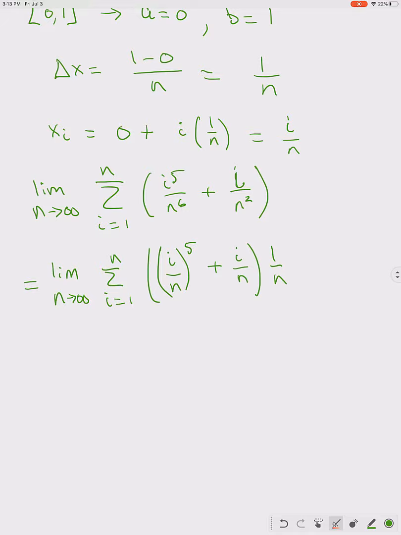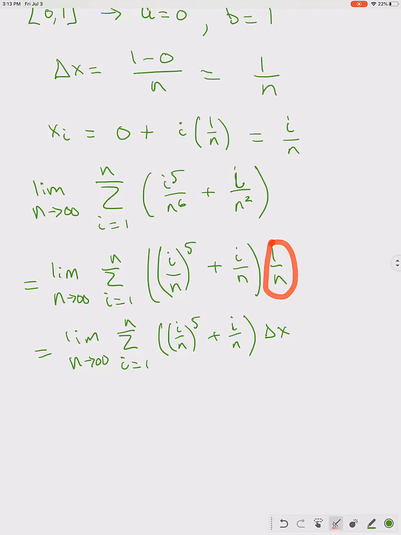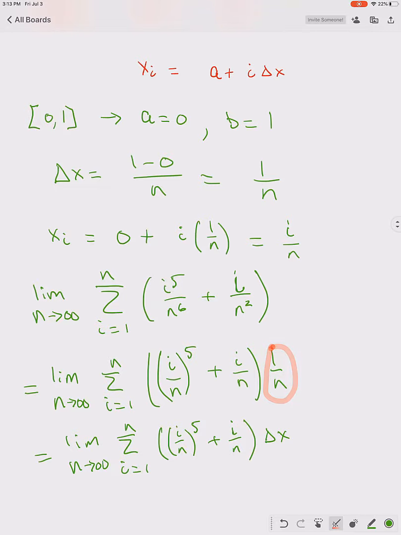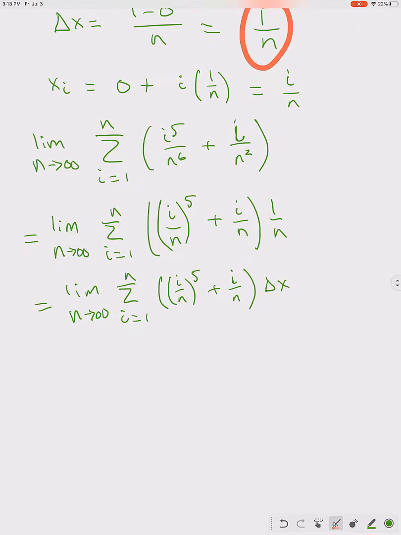Okay, so now I've accomplished the first thing that I wanted to accomplish. I have the limit as n approaches infinity of the summation i equals 1 to n of i over n raised to the fifth plus i over n, and then this is times delta x, because remember this term 1 over n is the same as delta x.